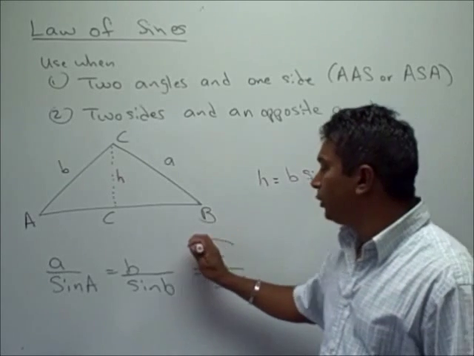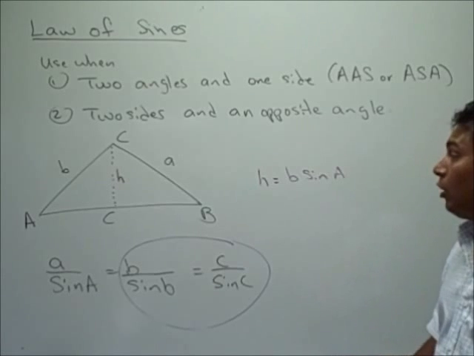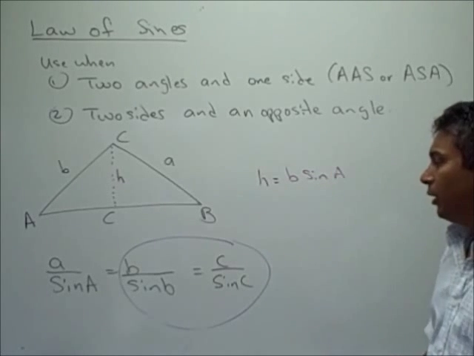We will use any two pairs of these to solve our oblique triangle.